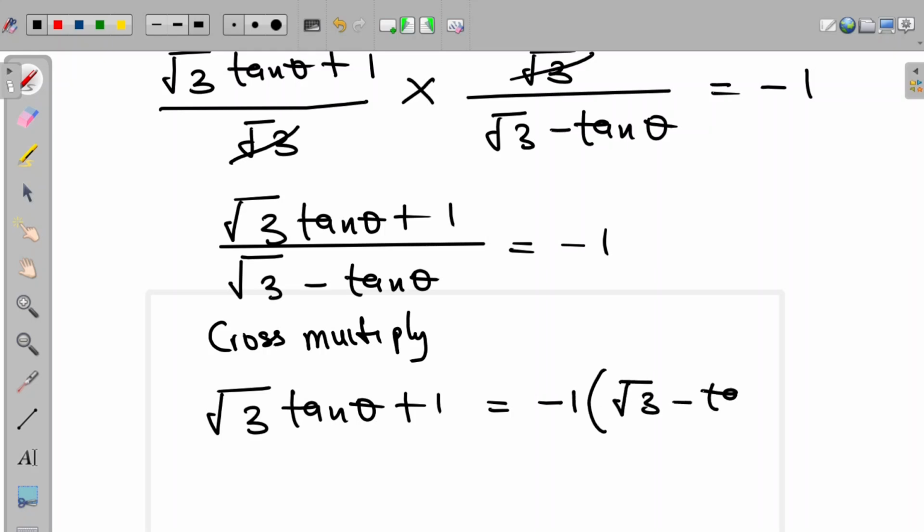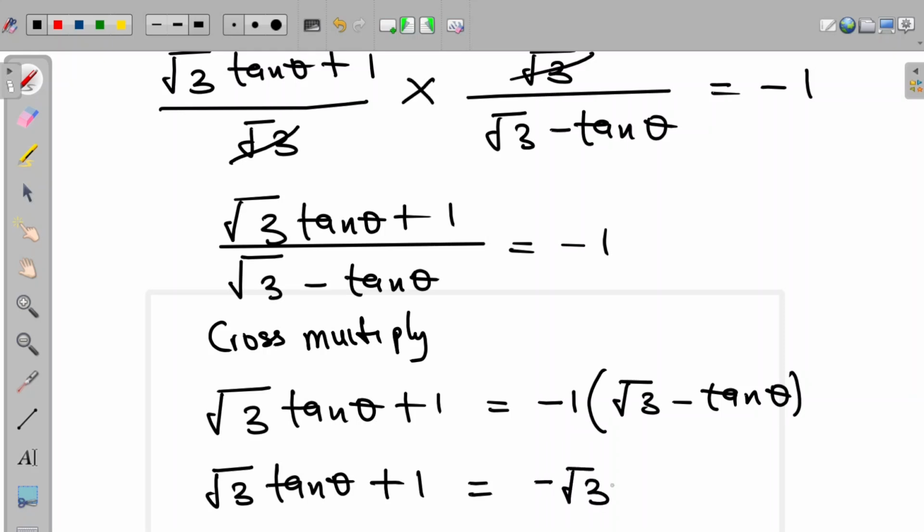So at this point, we can expand the bracket at the right hand side. So we have that root 3 multiplied by tan theta plus 1 is equal to minus 1 times root 3 is minus root 3. Minus 1 times minus tan theta is plus tan theta.